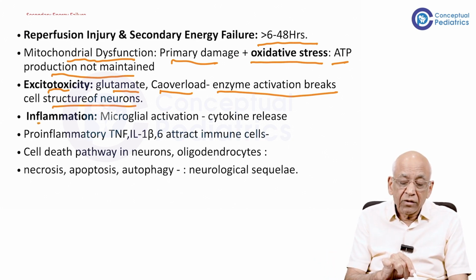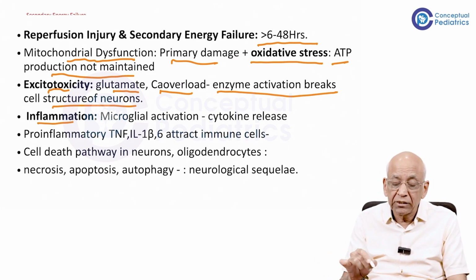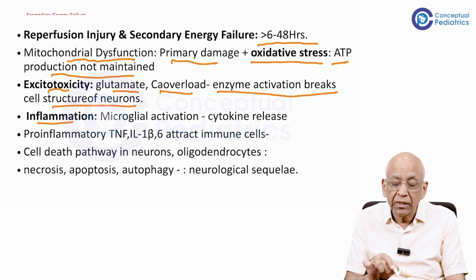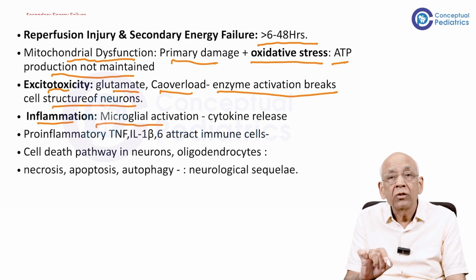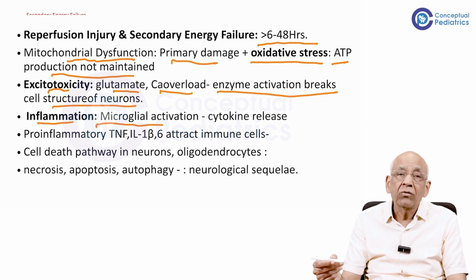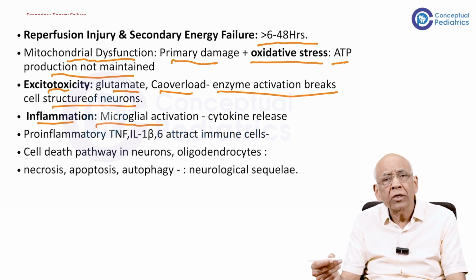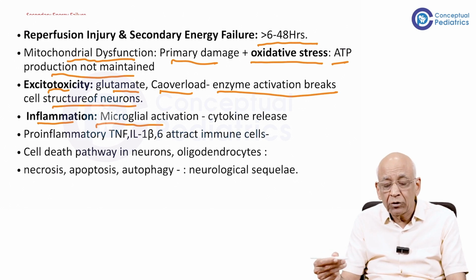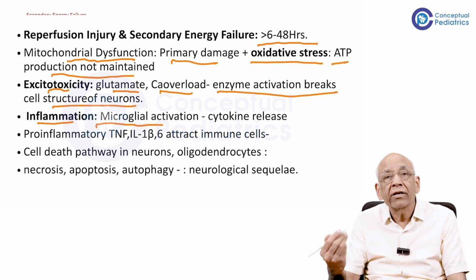Then the inflammatory cascade also sets in. In inflammation, the inflammatory cells in the nervous system are the microglia. So, the microglia get activated and release pro-inflammatory cytokines. Pro-inflammatory cytokines are tumor necrosis factor, interleukin 1 beta, interleukin 6. These cytokines attract the immune cells, even the peripheral immune cells.